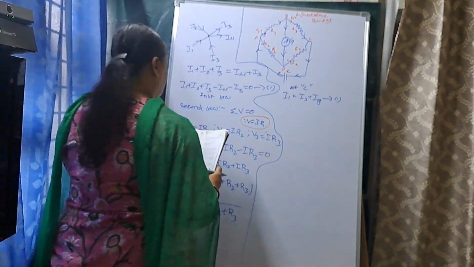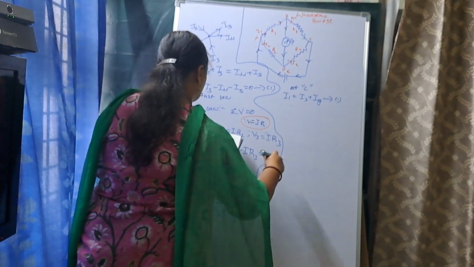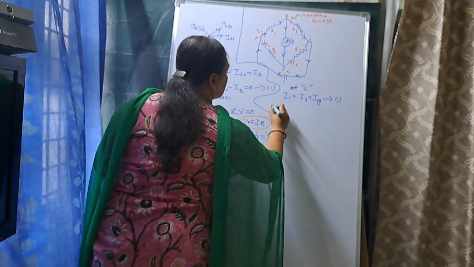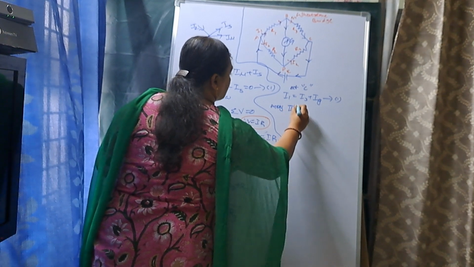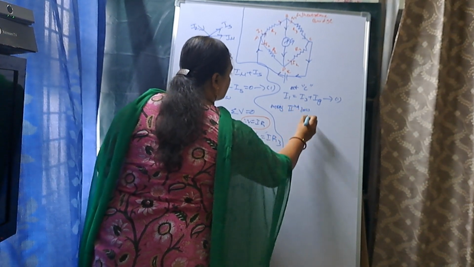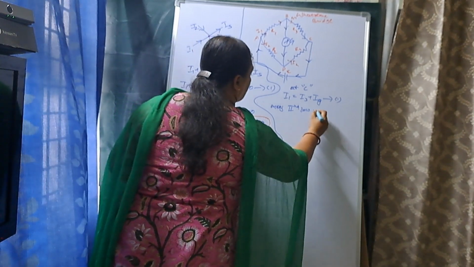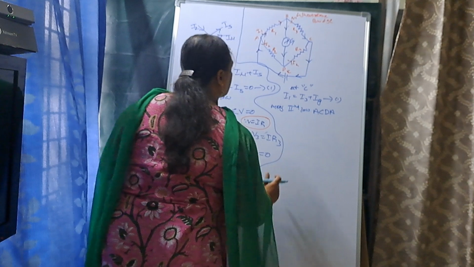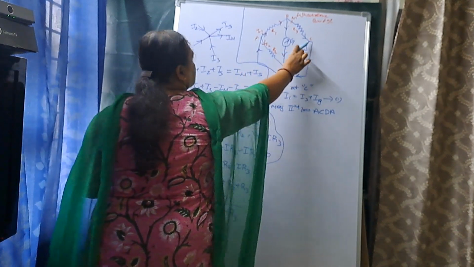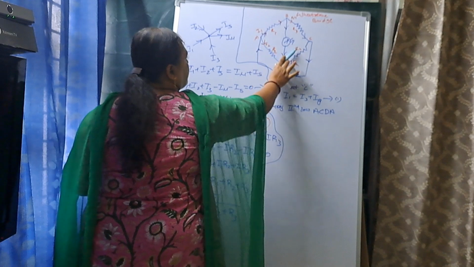Next, applying the second law of Kirchoff on a closed mesh. A, C, B, A means this half triangle. It seems like a triangle.